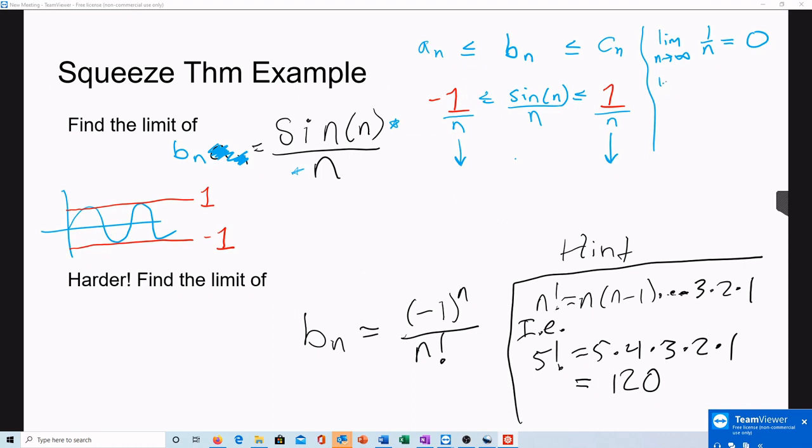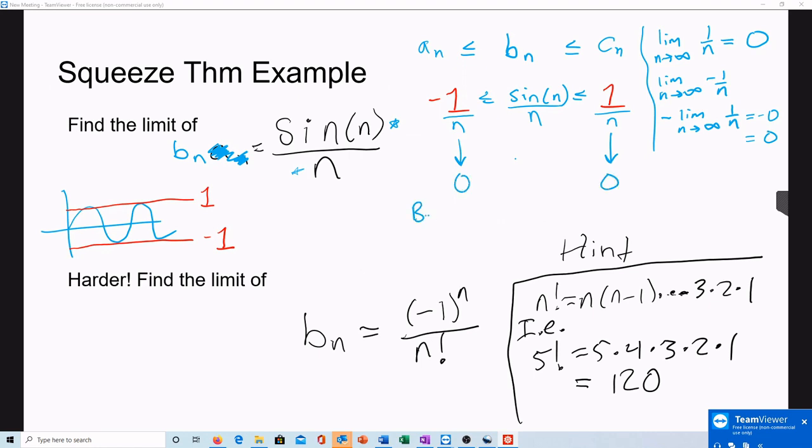And what about -1 over n? If I go back to my rules, I know I can take a constant out. So negative the limit as n goes to infinity of 1 over n. You just told me the limit of 1 over n is 0, so this is -0, which is 0. So I did it. This goes to 0, this goes to 0.